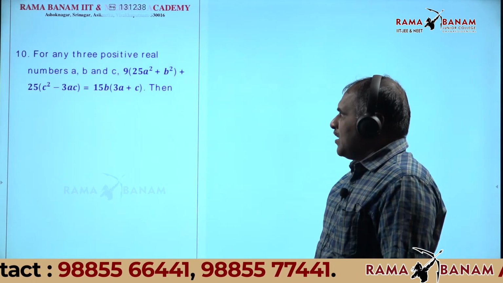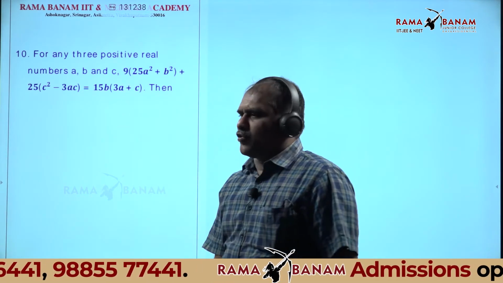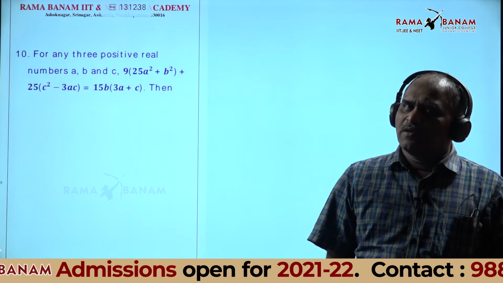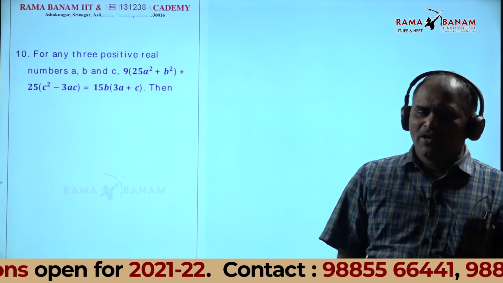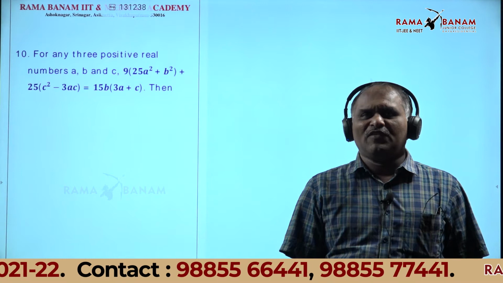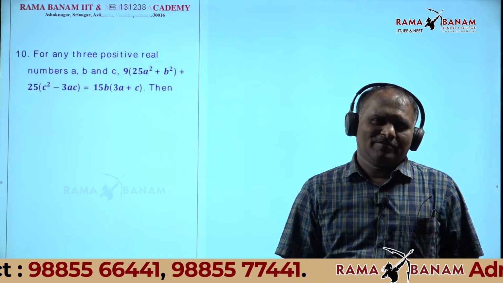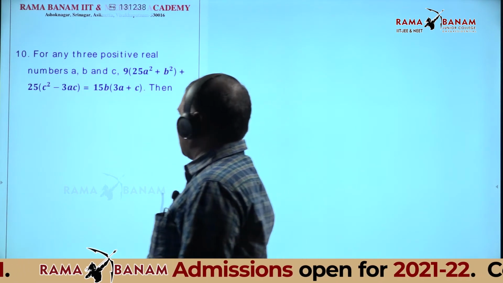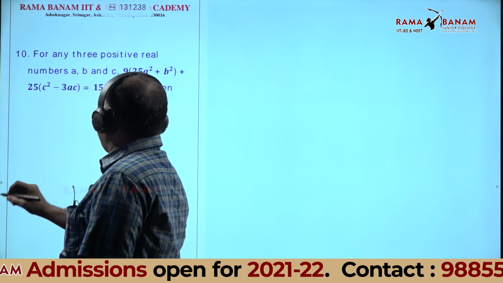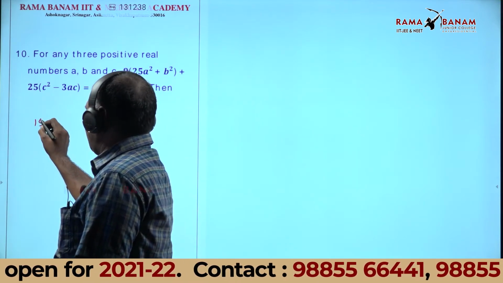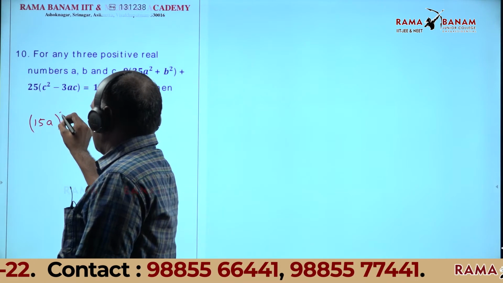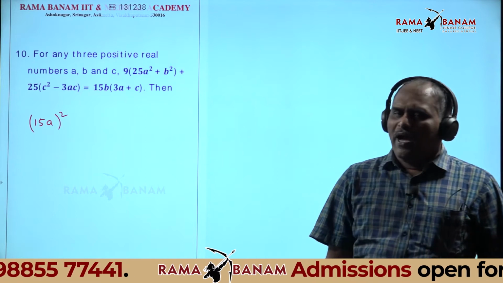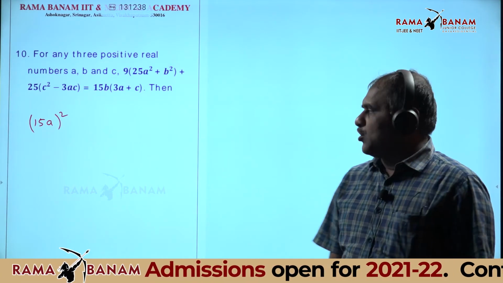Listen, what is 9 into 25? 225. 225 can be written as 15 square. That's why the first term is 15a whole square. 9 into 25a square, I wrote as 15a whole square.